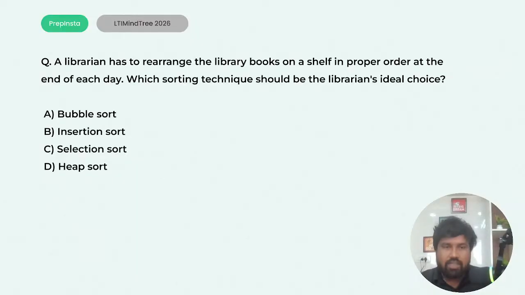Which sorting algorithm will you choose? Imran is saying it is B, Naveen is saying heap sort, and Thiru is saying insertion sort. Bhartadas is saying insertion sort. What about other people?